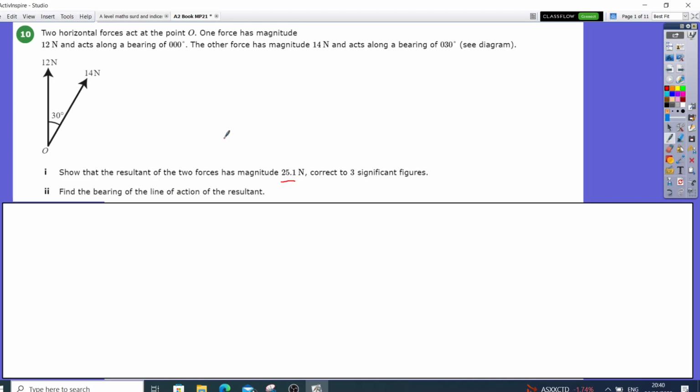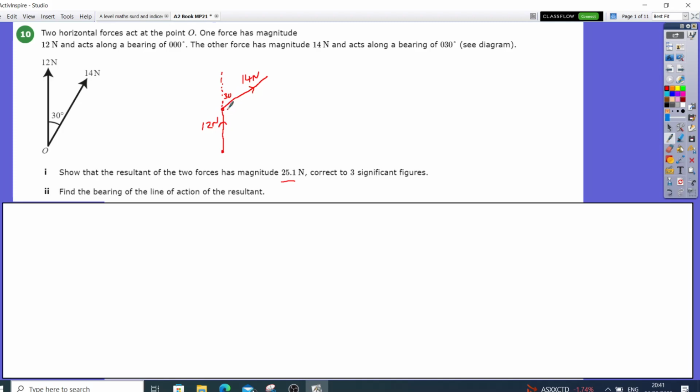What I'm going to do is draw this diagram a bit smaller. So we've got this force here going 12 newtons due north, and then this is dragging that force this way, which is 14 newtons, and that's 30 degrees here, along here on the bearing of 30 degrees.